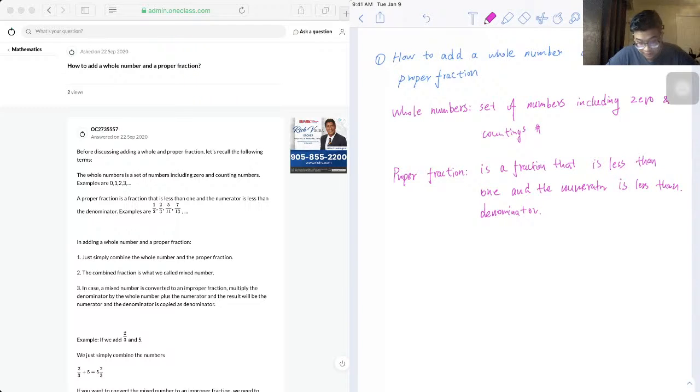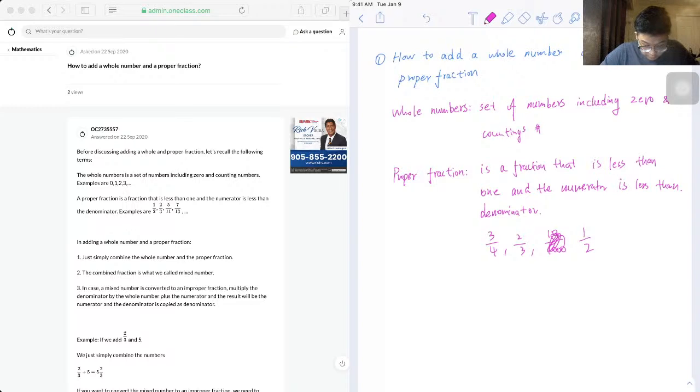First, it has to be less than 1, and also the numerator has to be less than the denominator. In other words, the top number has to be smaller than the bottom number. So some examples could be 3 over 4, 2 over 3, 10 over 1,000, or let's say just 1 over 2 for now.